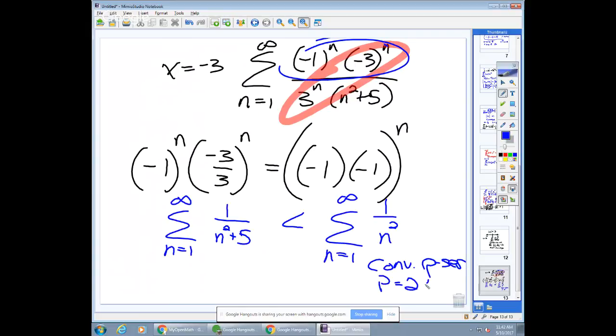P equals 2, which is greater than 1. Sorry, wrong direction. And so it's convergent. So by direct comparison, this is convergent.